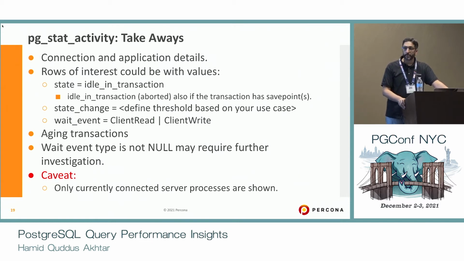In terms of time thresholds, you want to evaluate when the last state was changed for that particular connection, and you might want to have your own time threshold for that, for your particular use case. Based on that, you can see whether that's an expected behavior, that the state hasn't changed for a while, whether it's minutes, hours.